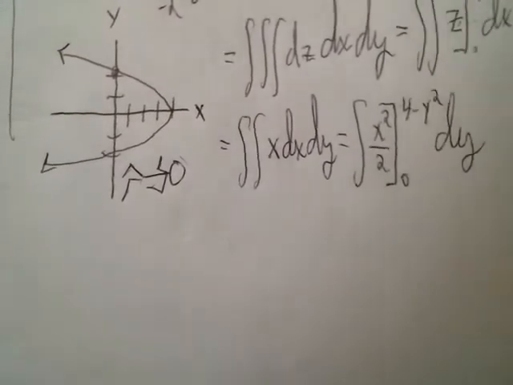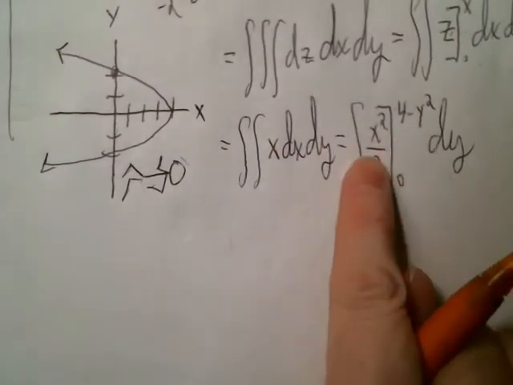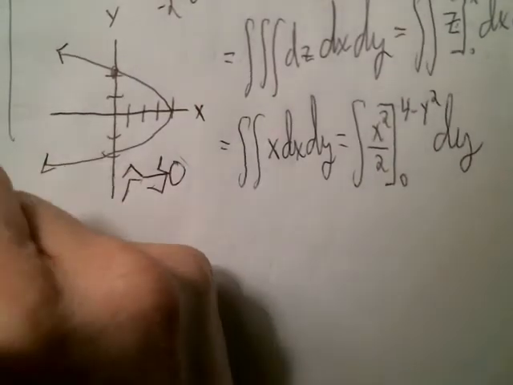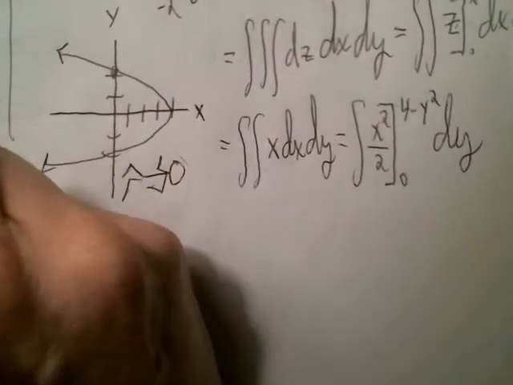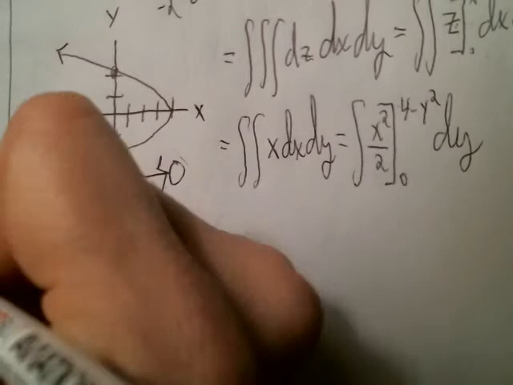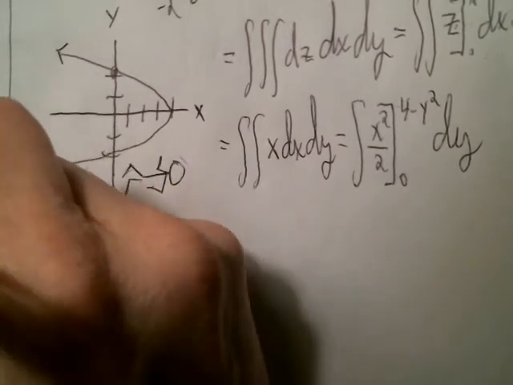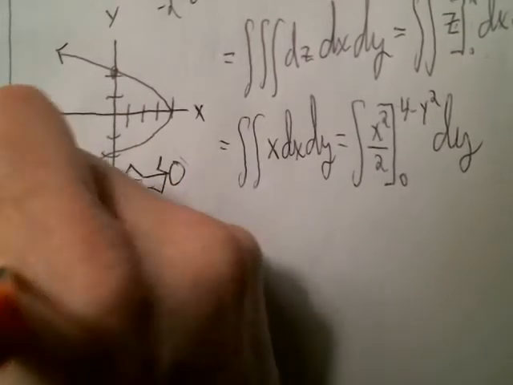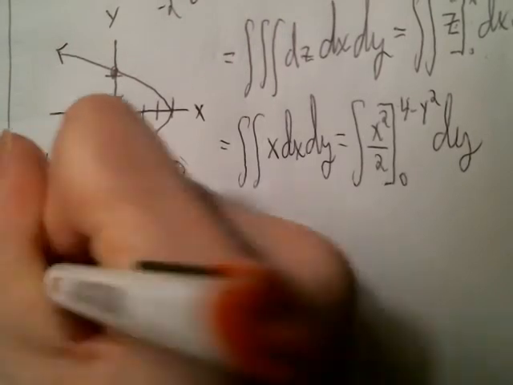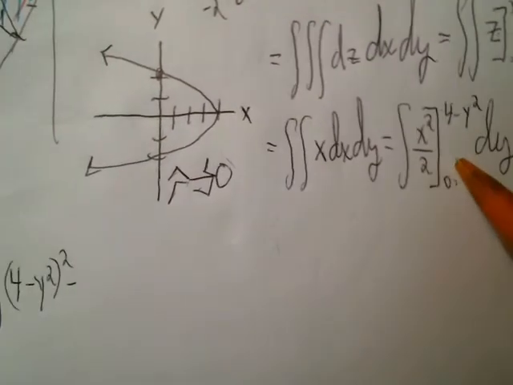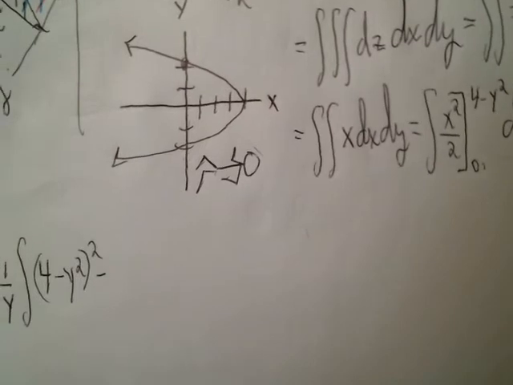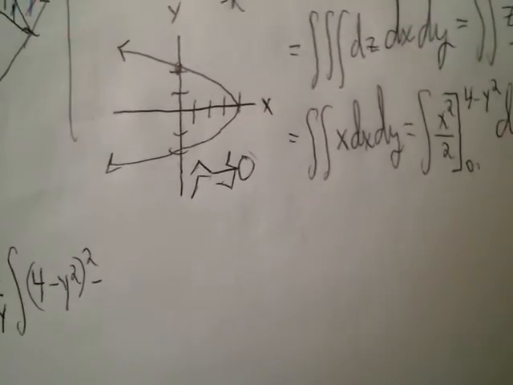Okay. Then I'm plugging in this expression into this expression. So I have the integral of, and I'm going to pull out the 1/2. That may make life a little bit easier. And I have 4 minus y squared, squared, minus, if you plug 0 into that, sorry, I went off the page. So what the heck did I do?